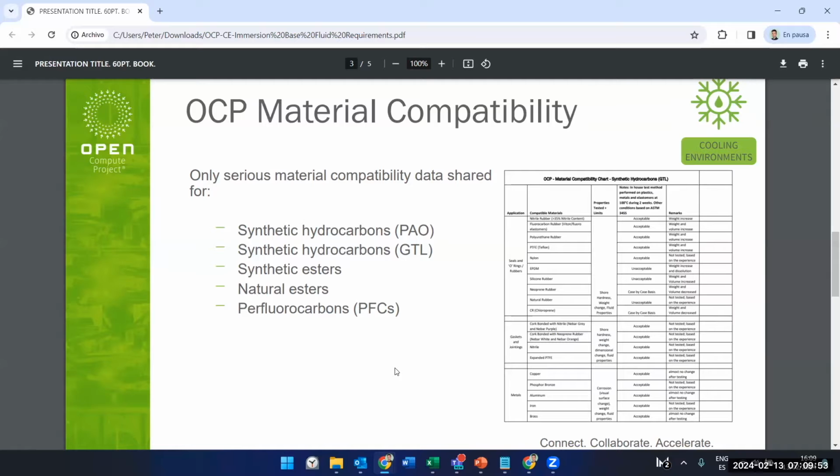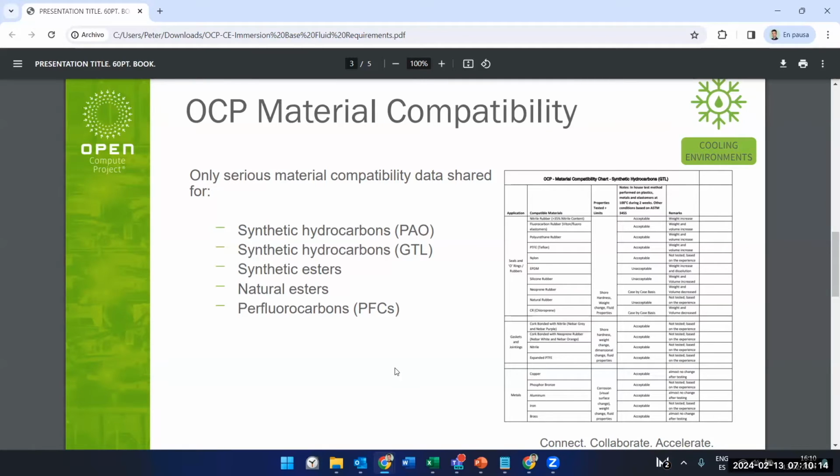When it comes to the material compatibility document, going back to when that was put together, there was an open community input at the time for anyone who had immersion cooling experience with different fluids and had done material compatibility tests.